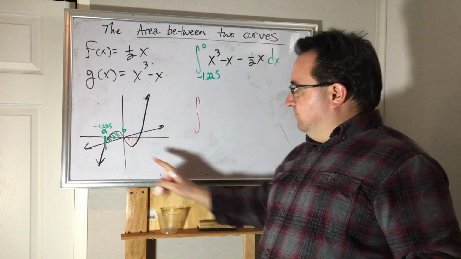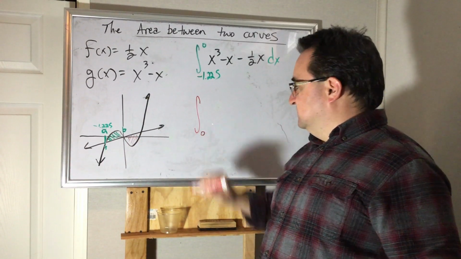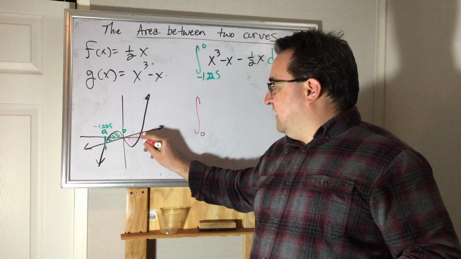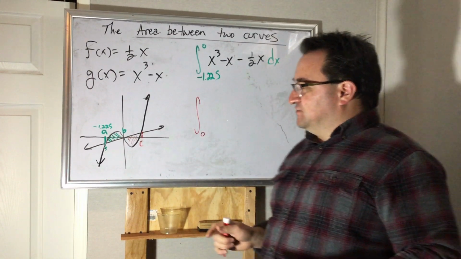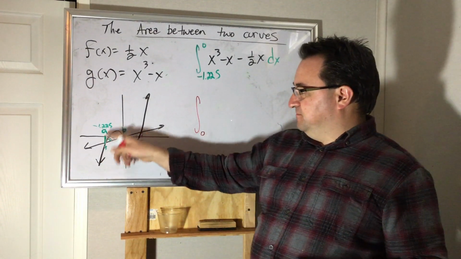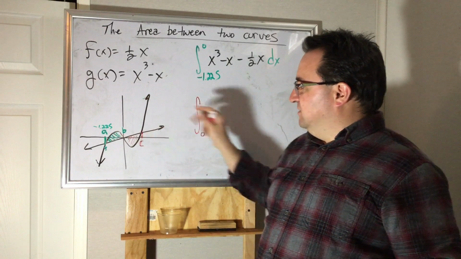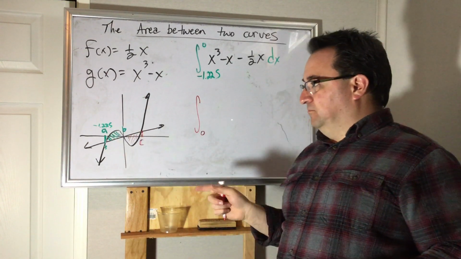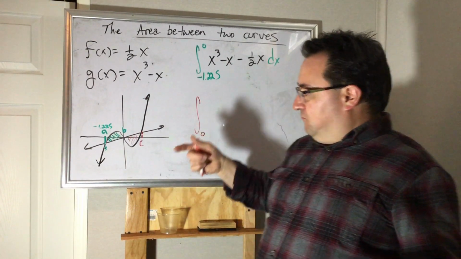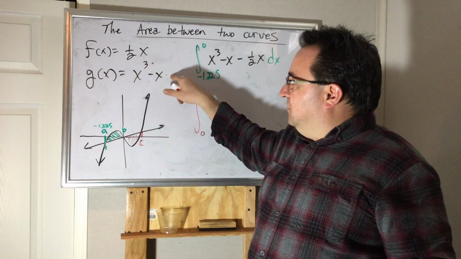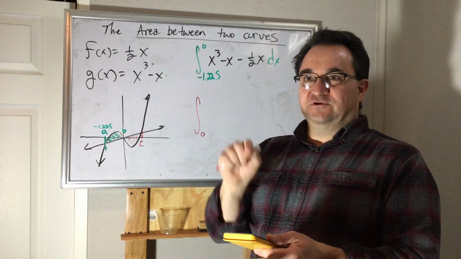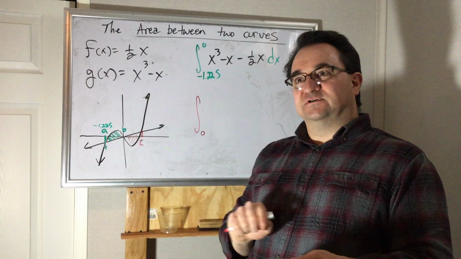Now that one begins at B, which is 0, and it ends at C. Now I suspect due to the symmetry of this, because, you know, look at the equation there, this is probably going to be 1.225, but I would want to check that. So this is still y1 and y2. I press second trace and I choose 5 for intersection.